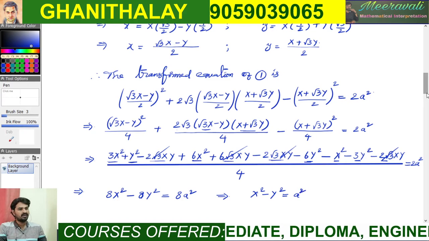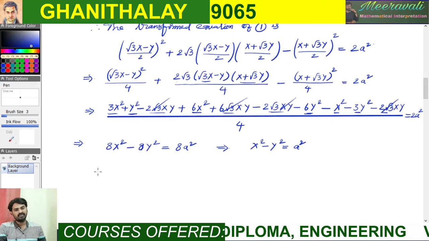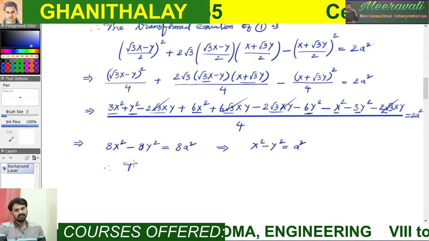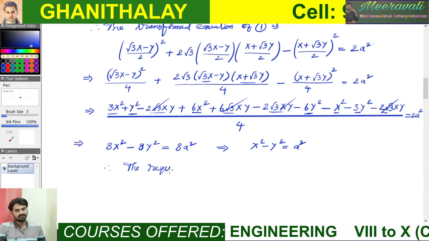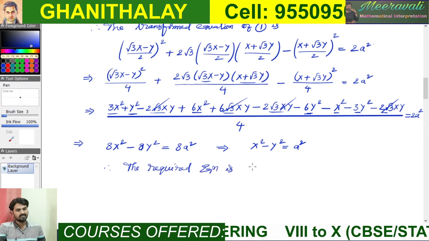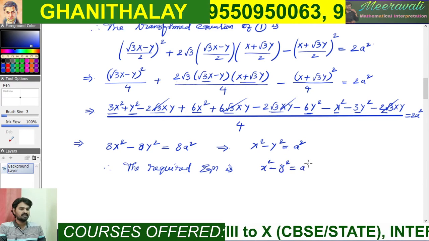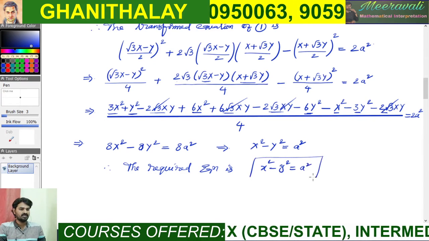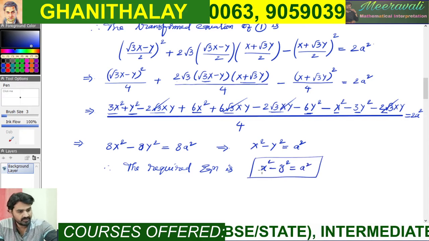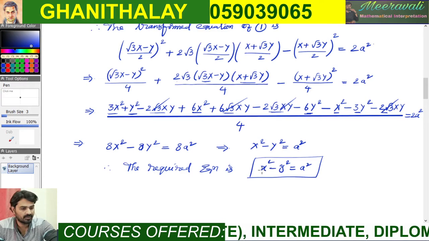Now finally the answer should be in small letters always, every answer. Therefore the required equation is, simply you can write x square minus y square is equal to a square. This is the problem. Okay students, I hope you understand this problem. This is the most important problem.